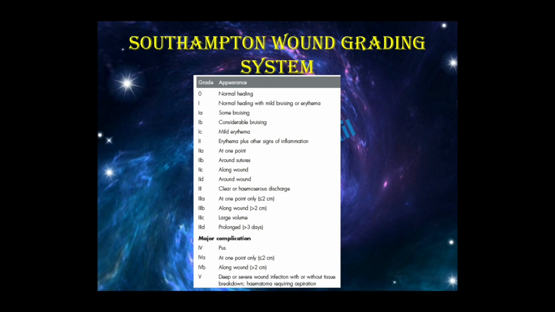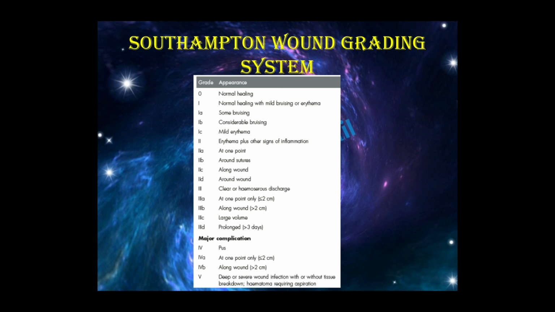Grade 1 is the process of normal healing, usually because it is just mild bruising in the wound. Grade 2 is associated with minor complications but does not require any intervention. They usually heal on their own because it is just a hemoserous discharge of less than 2 cm.